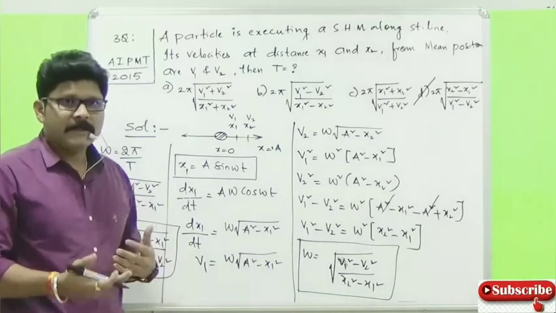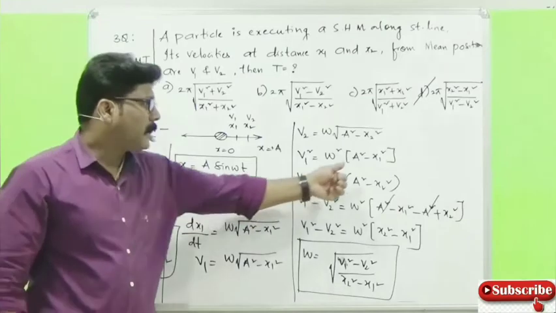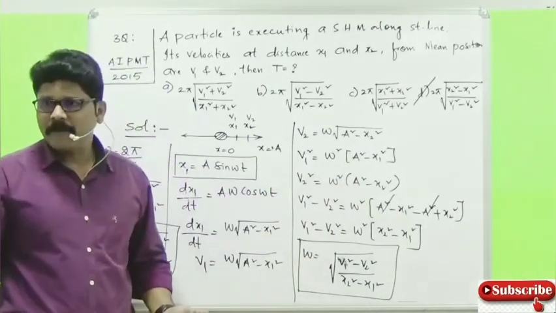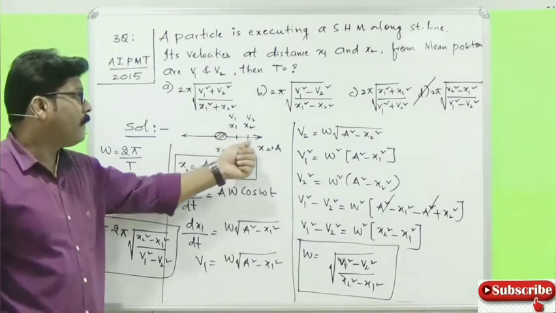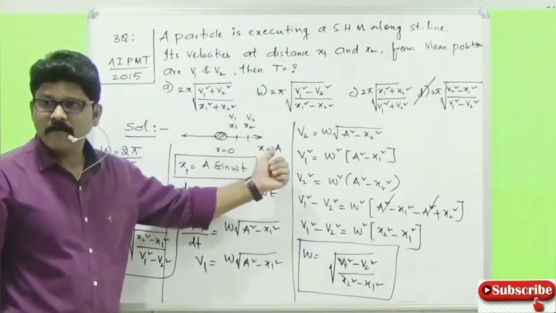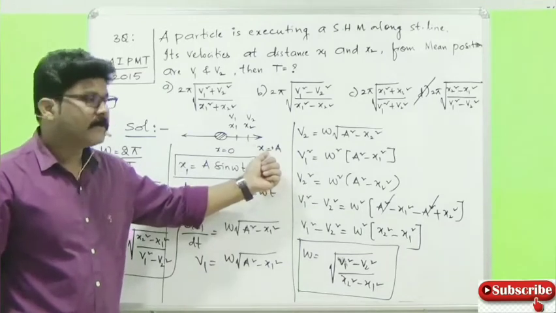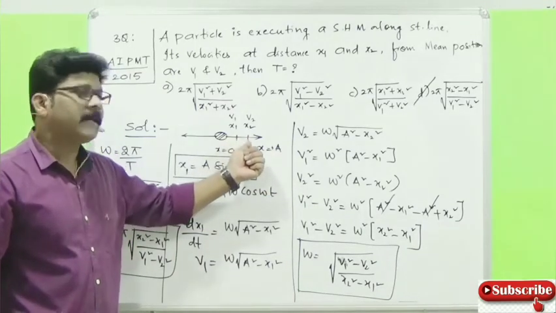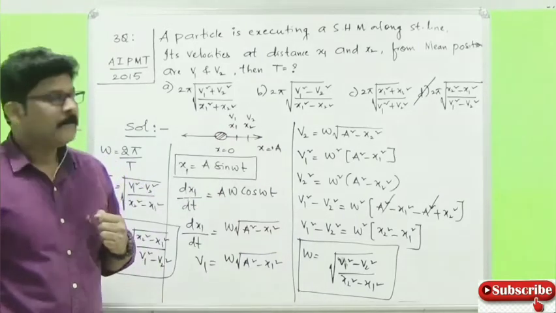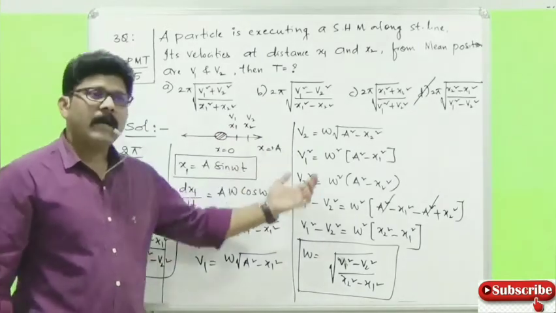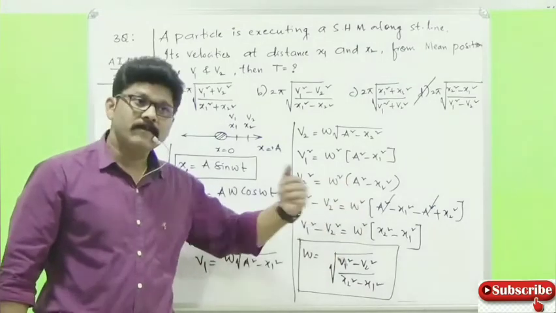Then addition. If you are trying to add, what happens? Again A square can't be eliminated, because there is no amplitude given, because the particles are not moving till A. Particles are not moving to the extreme positions. There the distances x1 and x2 are from the mean position, with velocities v1 and v2. If you add it, these two terms will be there again.